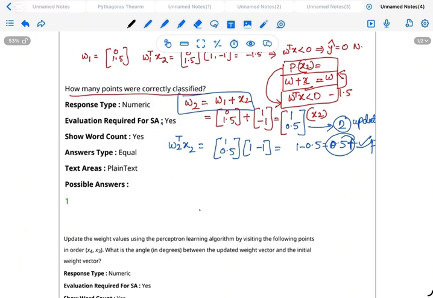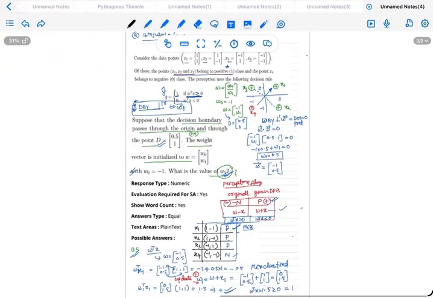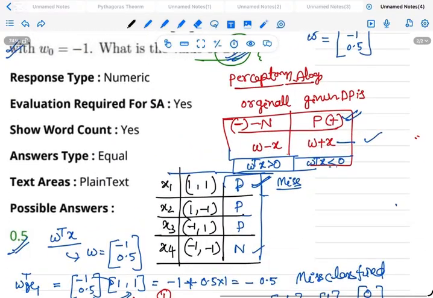Two updates so far. How many data points are correctly classified, they are asking. This one was also misclassified. Here W is updated to W1, and here W is updated to W2.